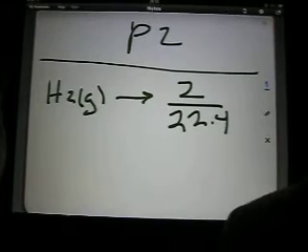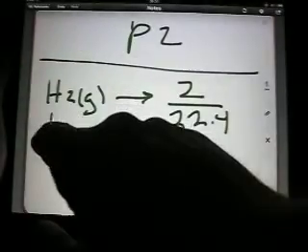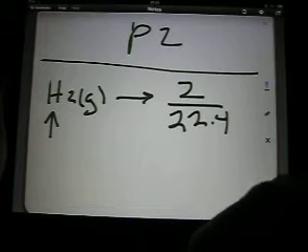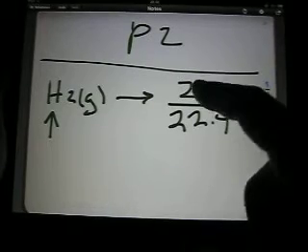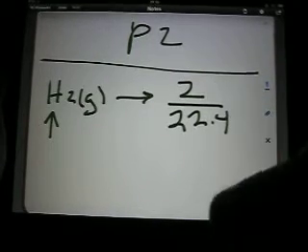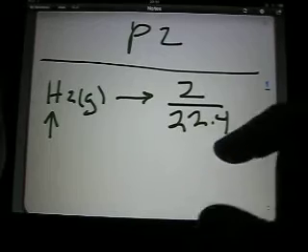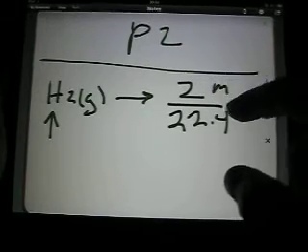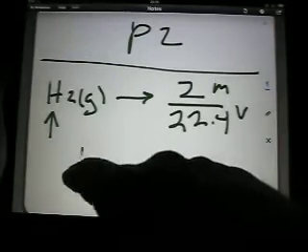So basically what that says is if I have 1 mole of hydrogen, H2 gas, that mole is going to have a mass of 2 grams and a volume of 22.4 liters. So if we divide that mass by the volume, that will give us our rho.